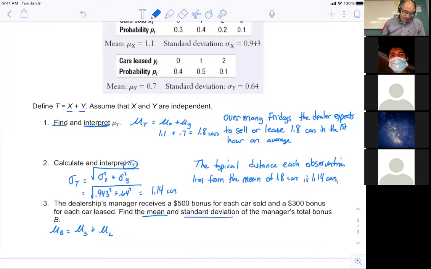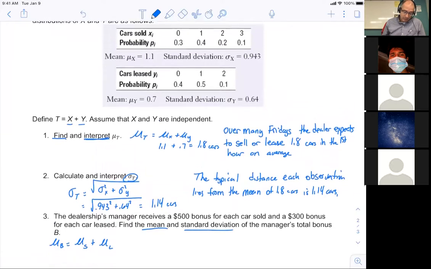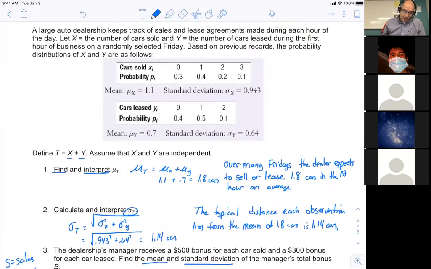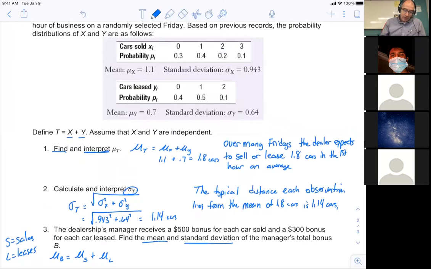Since I introduced S and L in there, we would have to say S equals sales and L equals leases. Anyway, we don't have that information. However, I know that I'm going to make $500 for every car that I sell. So all I have to do is multiply that times $500. So the mean of my sales is going to be $550.